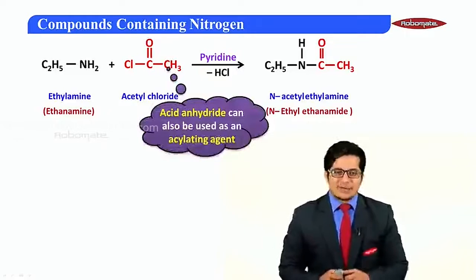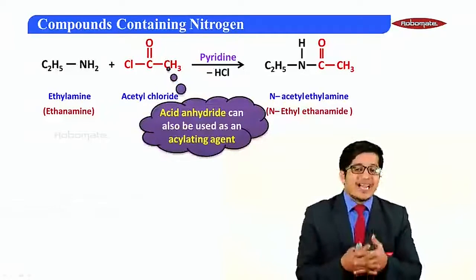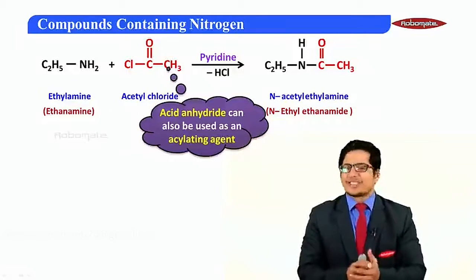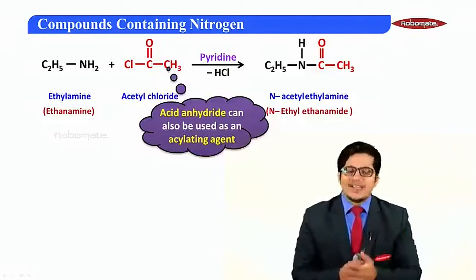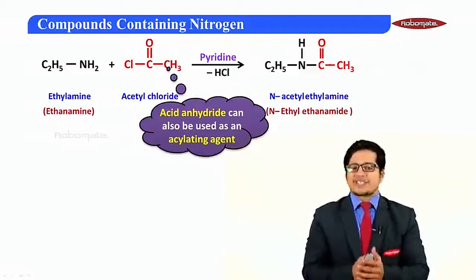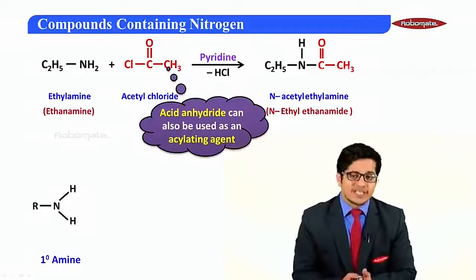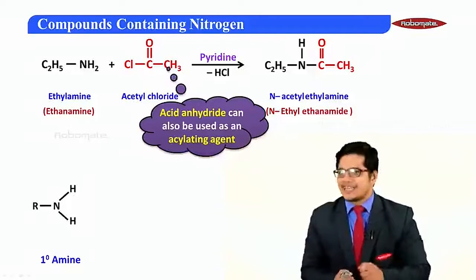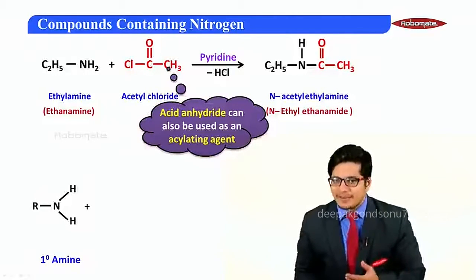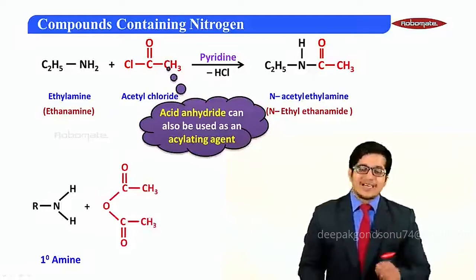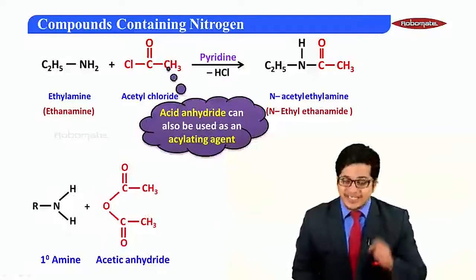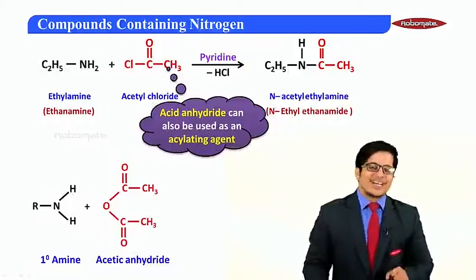Let's move further now. Instead of using acetyl chloride, we can also use acid anhydrides and go for an acylation reaction. Let's see how the reaction would proceed if we take an acid anhydride. We are having a primary amine. To this, we are adding an acid anhydride, in this case acetic anhydride.